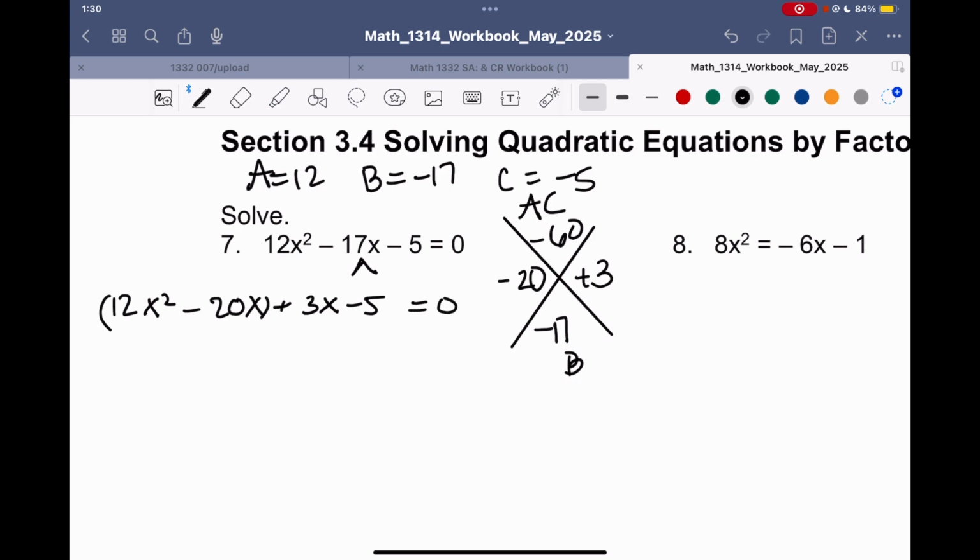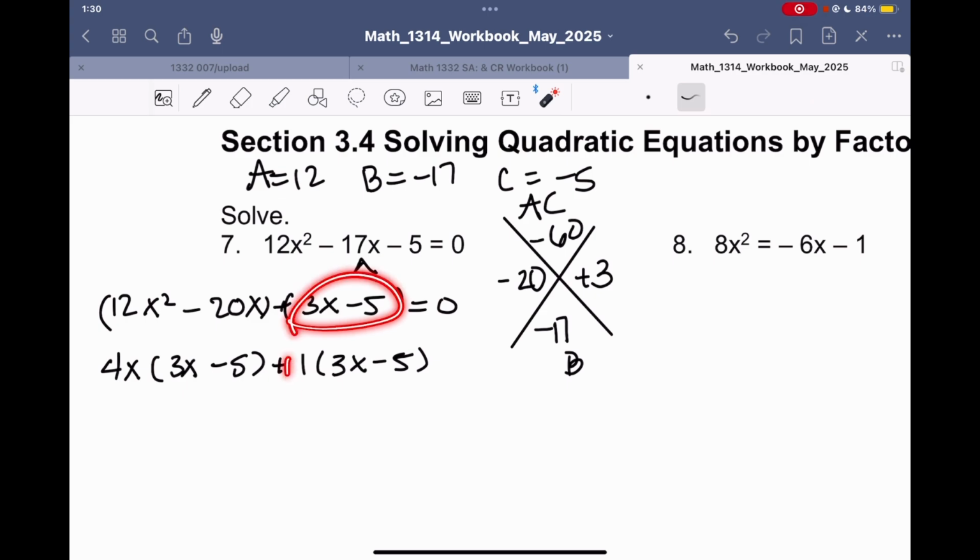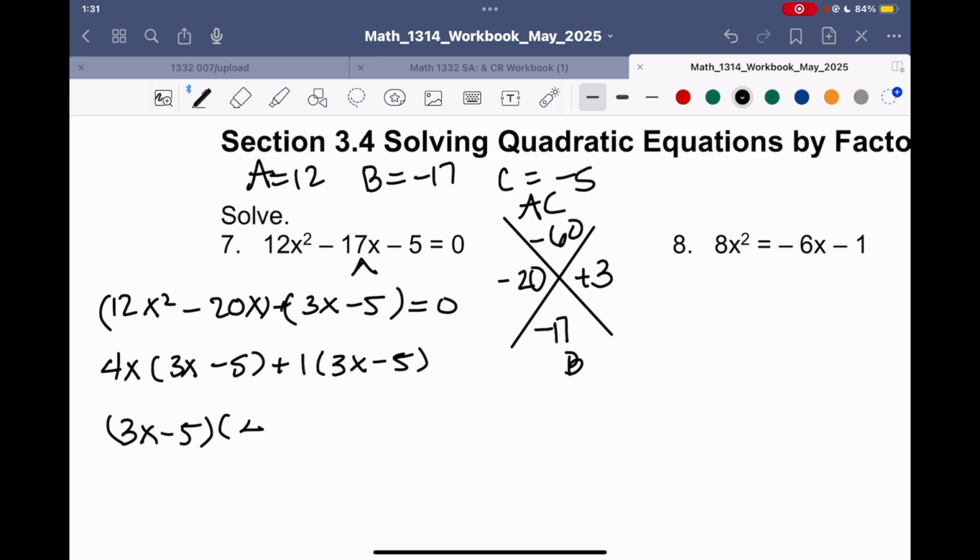We're grouping these to factor. So I'm going to get 4x, 3x minus 5, then plus 1, 3x minus 5. This is prime, so you take out a 1. And then I'm left with 3x minus 5. When they're the same, you know you've done something right.